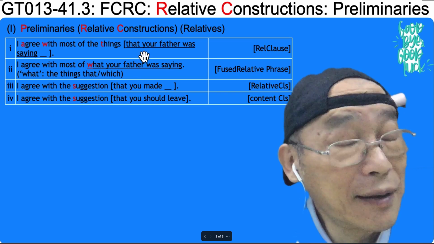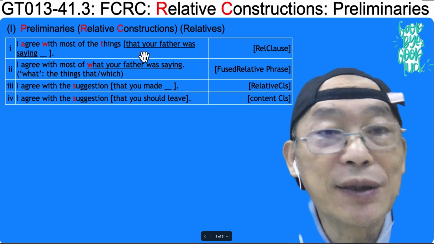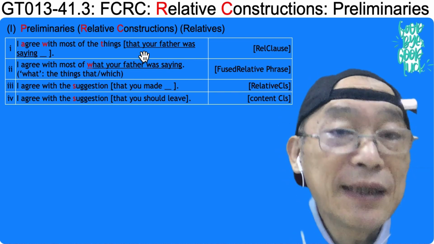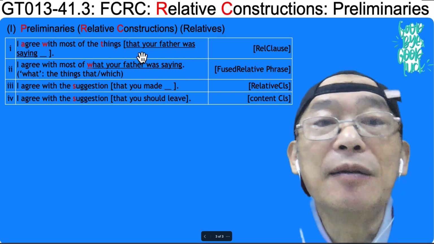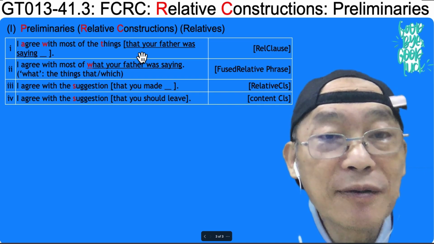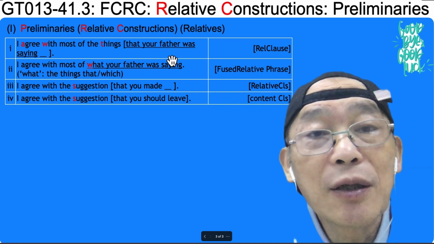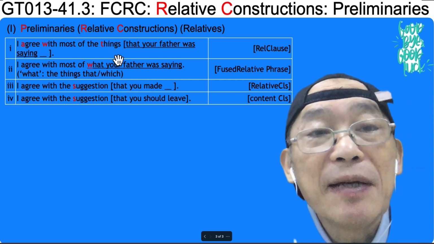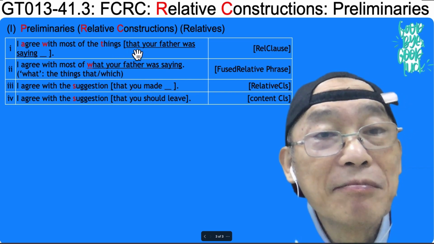It's just a marker. It doesn't contain any grammatical or syntactic functions. It belongs to the following clause. So this is an antecedent plus a marker.